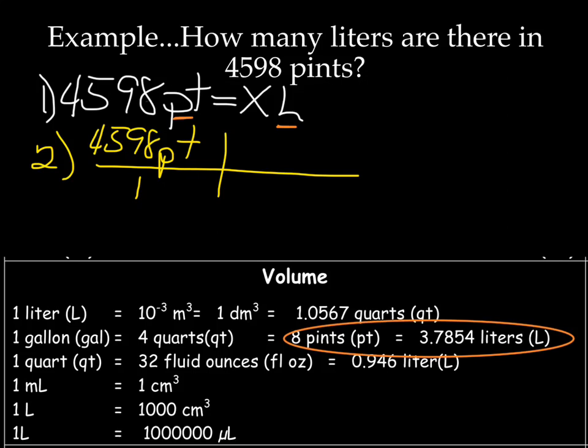So, what do you think? Who should go on the bottom? And why do you think it should go on the bottom? I say 8 pints on the bottom because it can cross out with the pints on the top. So on the top goes 3.7854 liters.